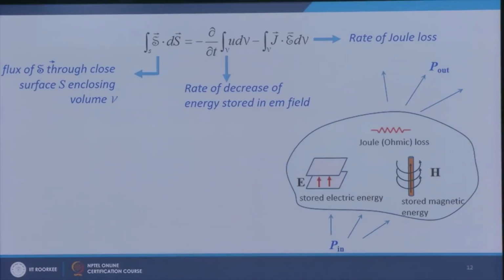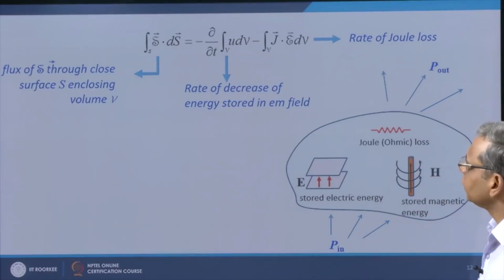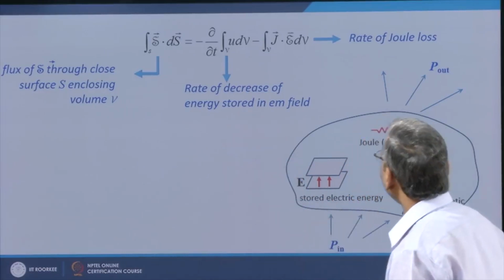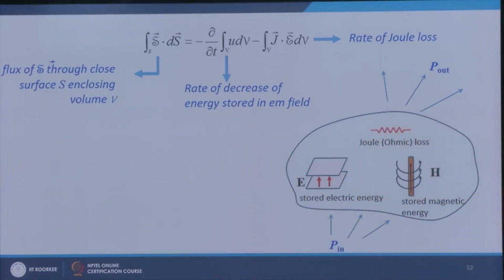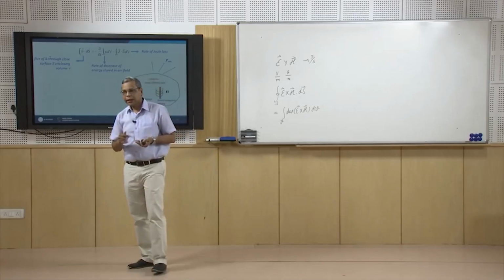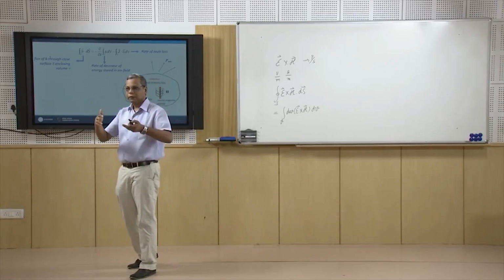And what is happening here? I have the stored electric energy, stored magnetic energy, and Joule loss. Okay. So, this S can now be interpreted as the energy per unit time per unit area which flows out.